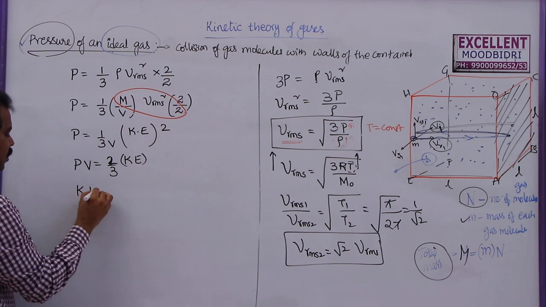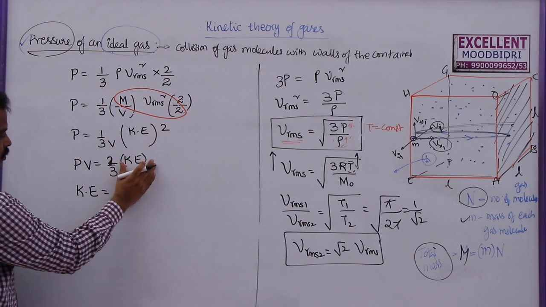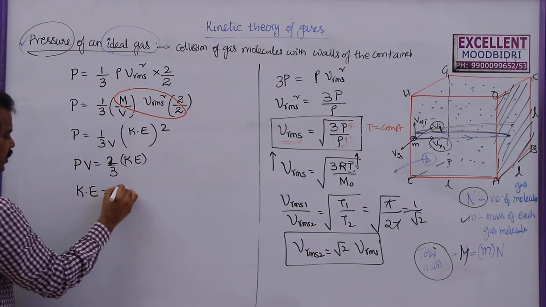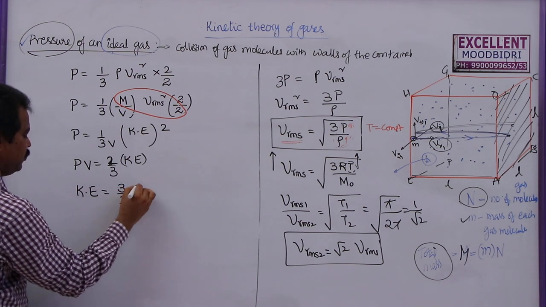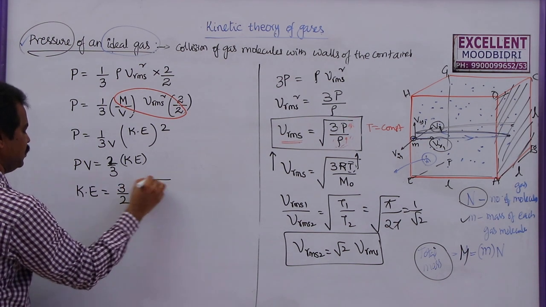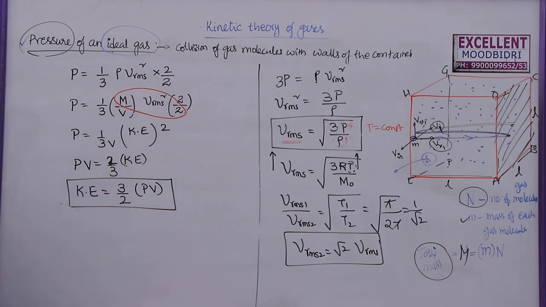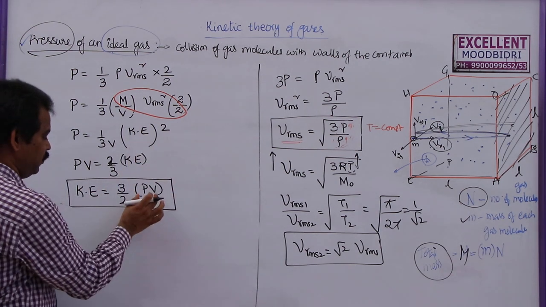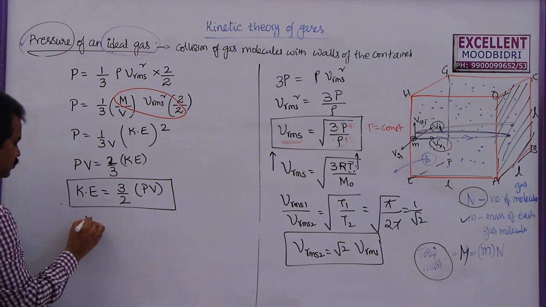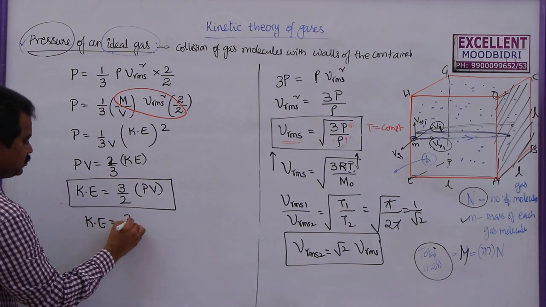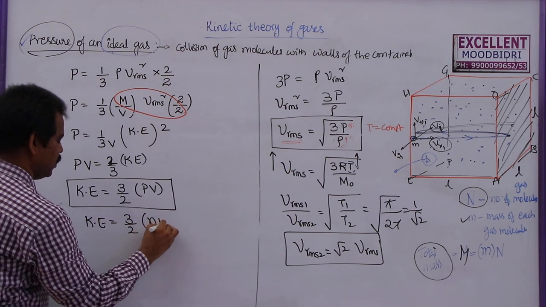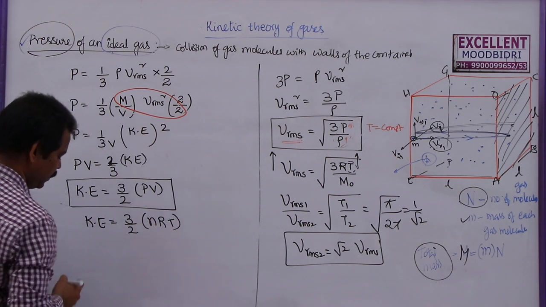So what is the kinetic energy of a gas in a container? We want kinetic energy, so you bring this to this side. So this will become 3/2 times the product of pressure and volume. Now, we know that from the ideal gas, PV can also be written as nRT. So the kinetic energy of the gas is equal to 3/2 times nRT.